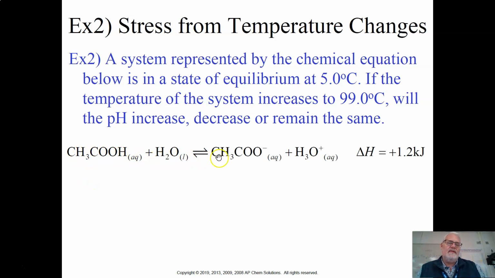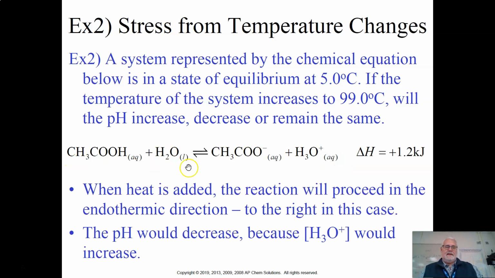That's going to shift to the right. It will shift to the right because the heat is over there. You add and it goes away. Add, it goes away. Take away, it comes back. But we're going this way. All right, so we're adding heat, and it will proceed in the endothermic reaction or direction.